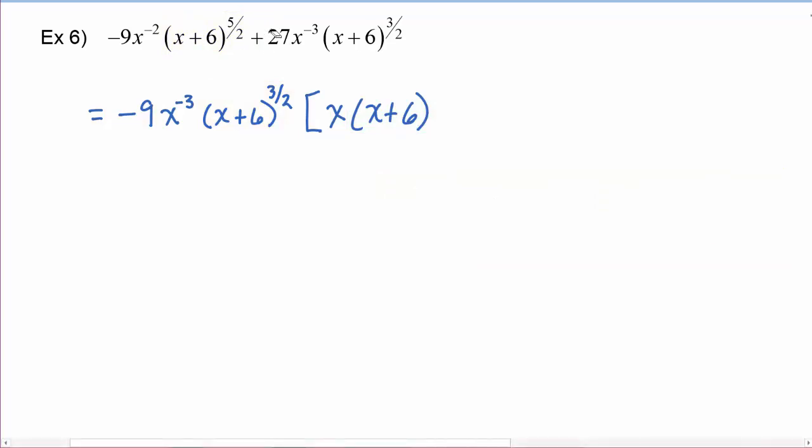Now we have a plus 27 up here, but positive 27 x to the negative 3 over negative 9 x to the negative 3, that's going to become minus 3, and the x terms completely cancel out. We also have quantity x plus 6 to the 3 halves over quantity x plus 6 to the 3 halves, so those will cancel out as well.